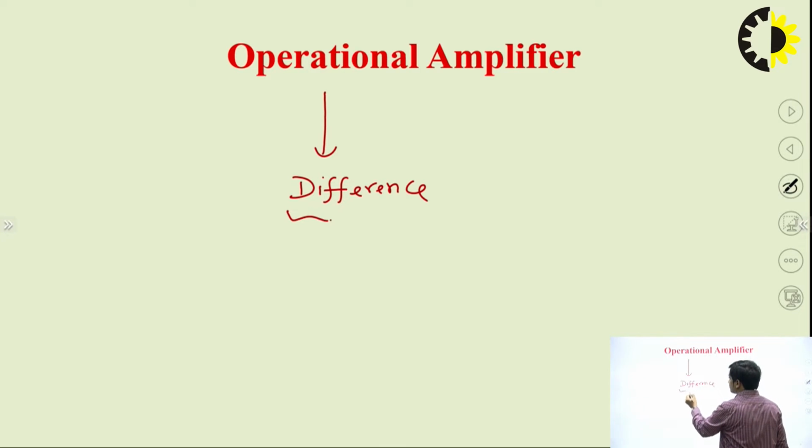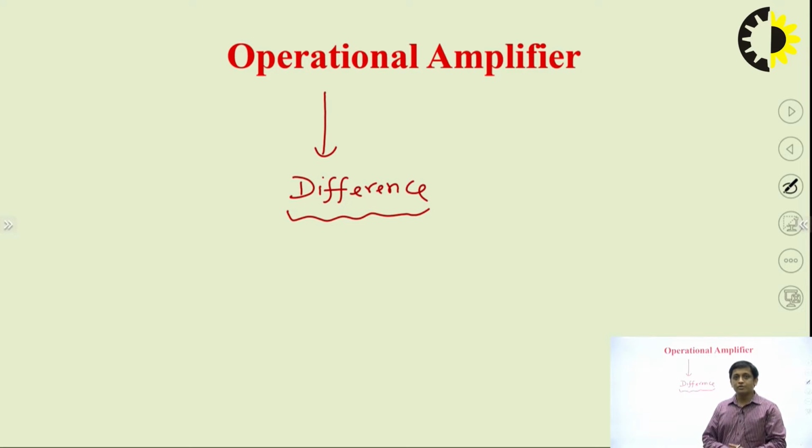This word difference is very important, because already we had studied amplifiers like common emitter amplifier and common source amplifier, and in those we apply a single input at the base and gate of the BJT and MOSFET. But in operational amplifier, it amplifies the difference. That is the difference between the normal common emitter, common source amplifier and operational amplifier.